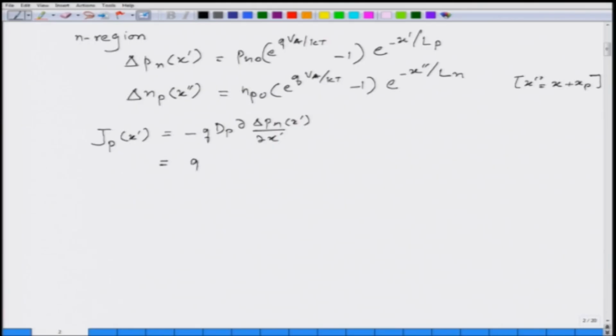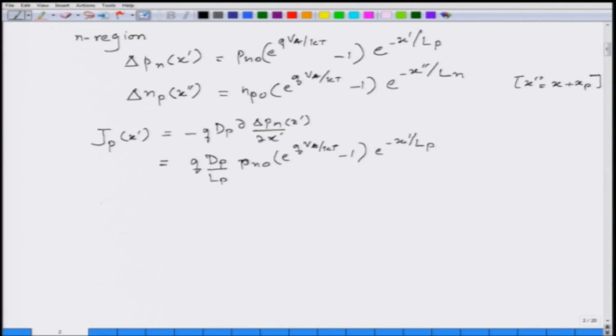This current then comes out to be q D p over L p times p n o, times exponential q V a over k T minus 1, times exponential minus x prime over L p. So, this would be the current at any parameter x prime, which has been moved from x equal to 0. This would be the current due to the holes in the n region.